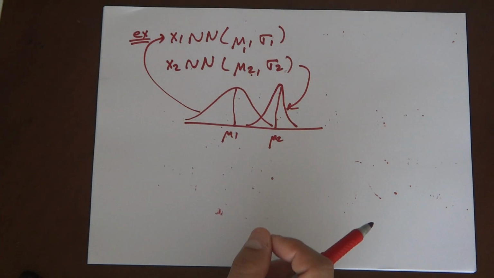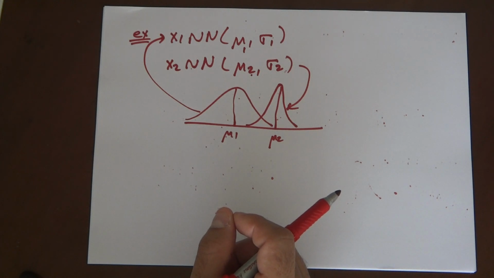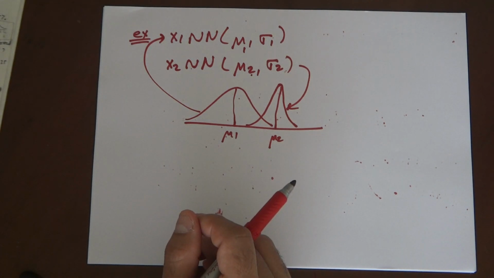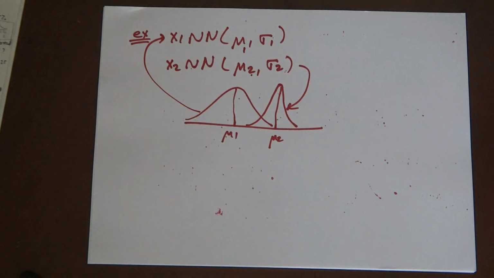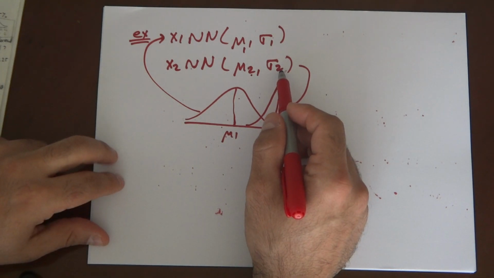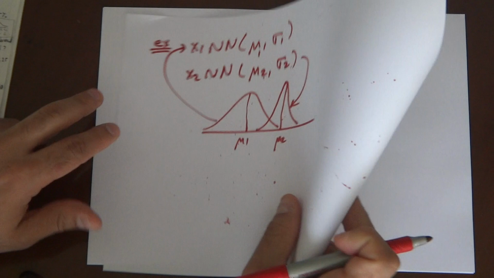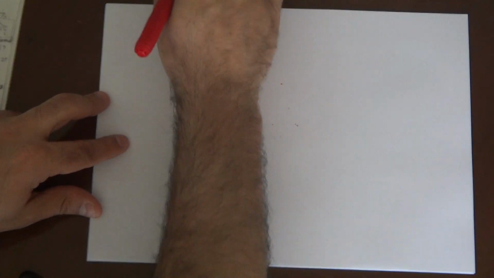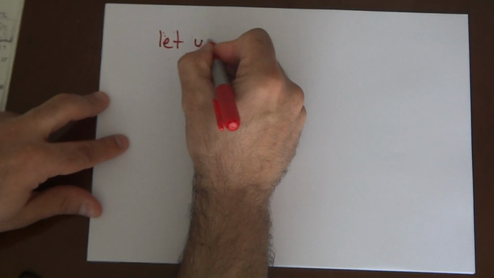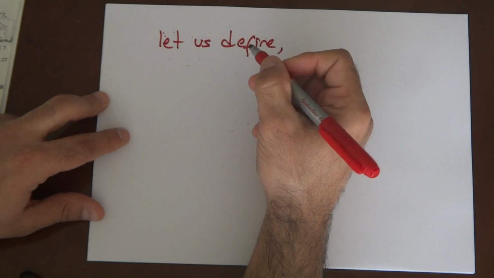So how are we going to compare two different normal distributions? Since these normal distributions differ in either their mean values or standard deviation values, let us define a new variable.